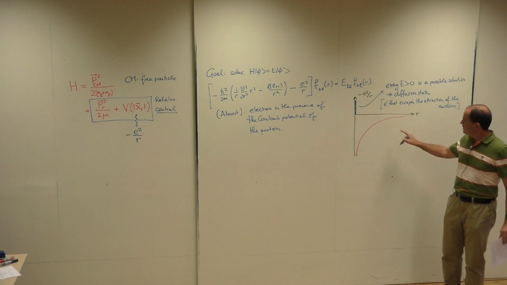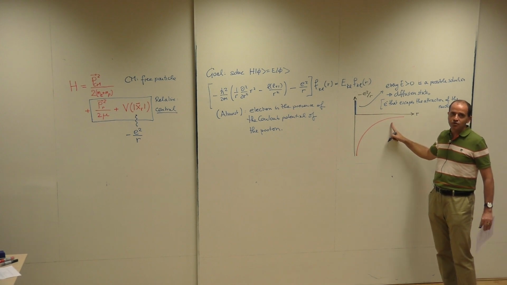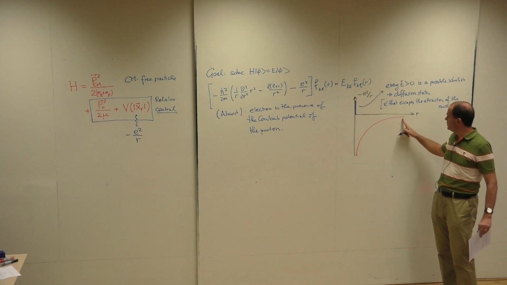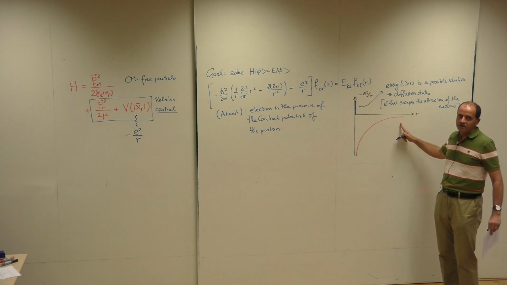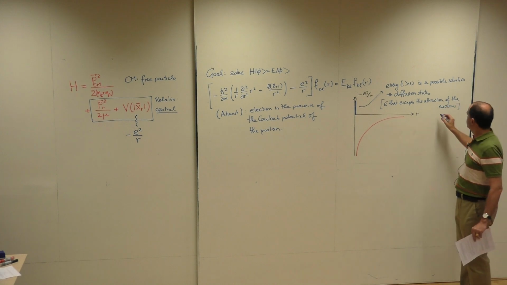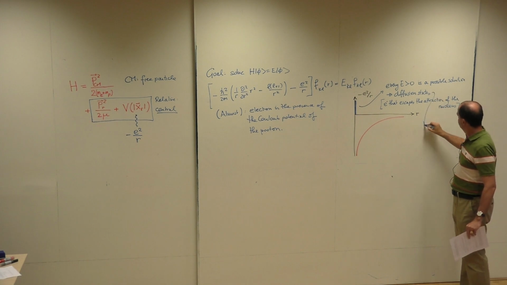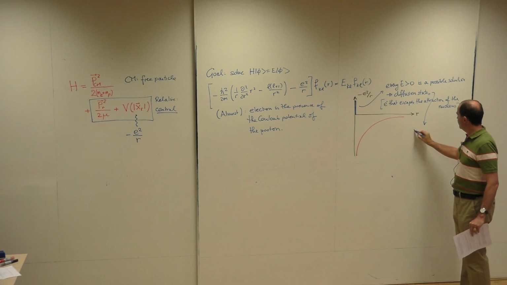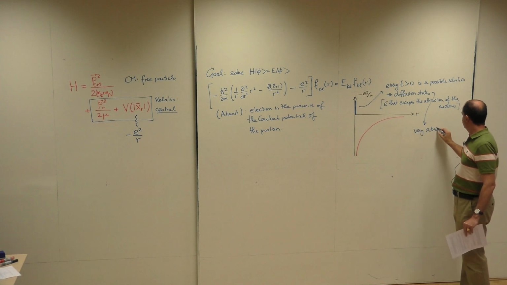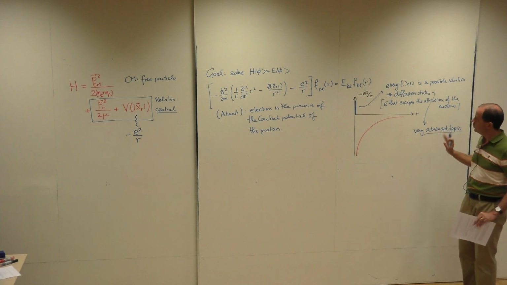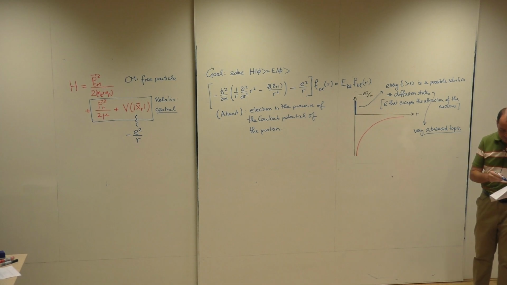I must say, however, that this is a long-range potential, so the description of the diffusion states is very, very difficult. Because even at a long distance, because the potential decreases very slowly, you still see some effect. So the description of the diffusion state is a very advanced topic. And that's all that I'm going to say about the diffusion states.